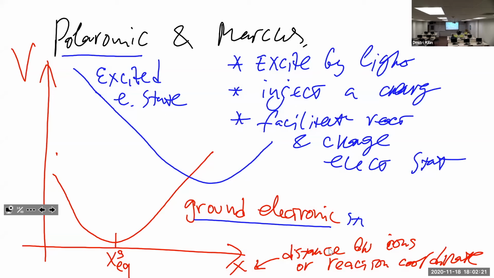So this is a very, very common situation. Whether you excite or add an additional electron, or there is a reaction where one bond is breaking and others are forming, the response of the potential energy to the interatomic distance will be different. So there will be a different equilibrium position. Yes, even for excited.